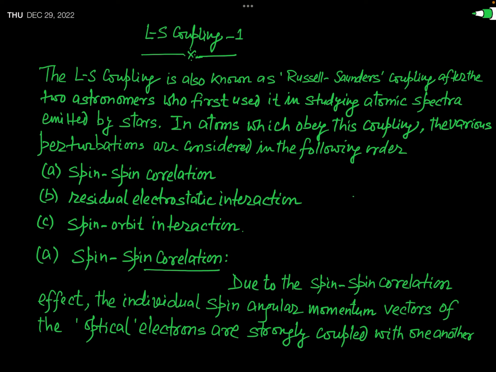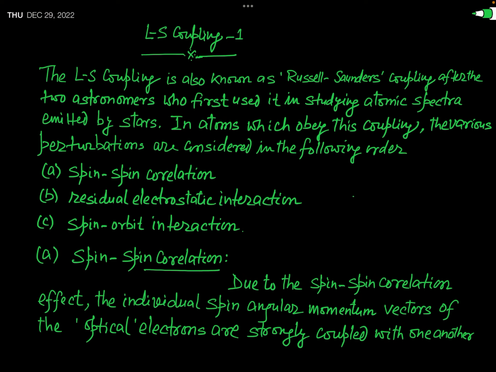But now our aim is to deal with the problems to write the spectroscopic terms for the atoms with several optically active electrons. And actually this problem needs two concepts, two types of coupling.